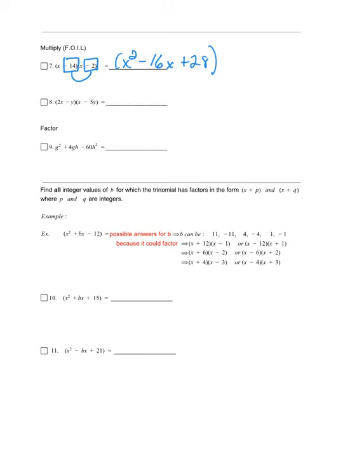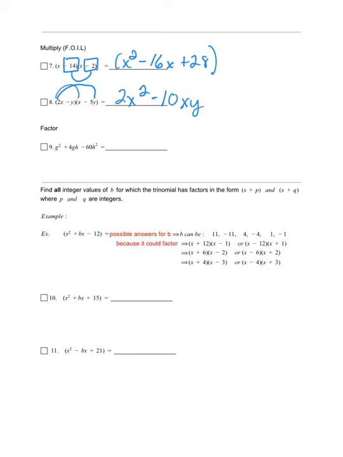All right, and so number 8, fast FOIL would be difficult because you have a 2 as a coefficient here and a 1 as a coefficient here. So I'm going to do that out using FOIL. My first, 2x times x, is 2x squared. 2x times the negative 5x is negative 10xy.